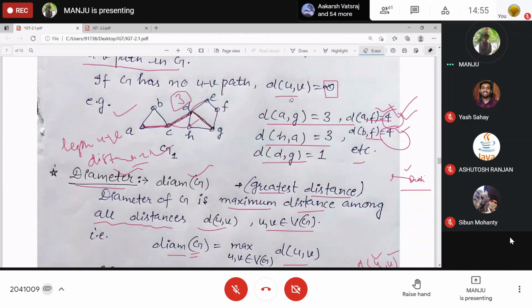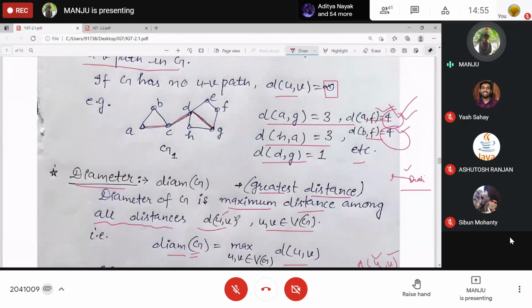There may exist many paths, but the smallest one gives you the distance. And the largest distance among all the distances, if you run over the vertex set, will give you the diameter.